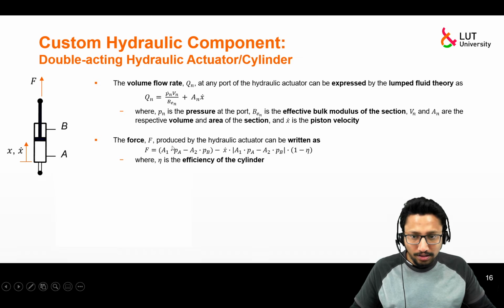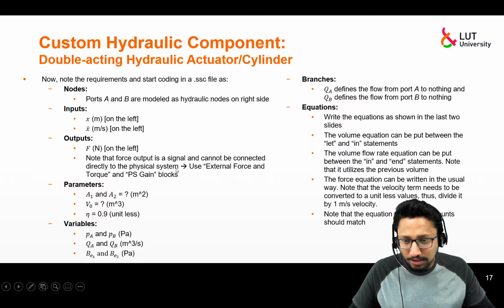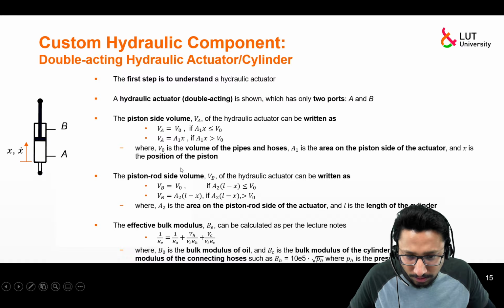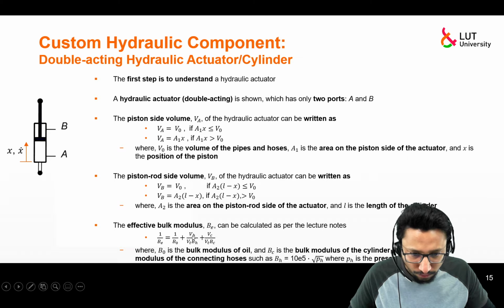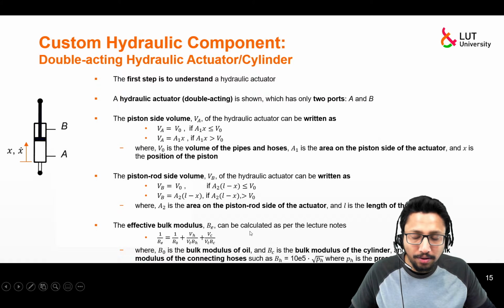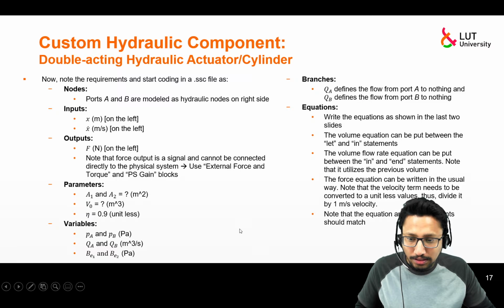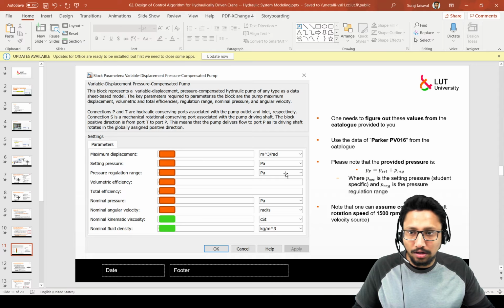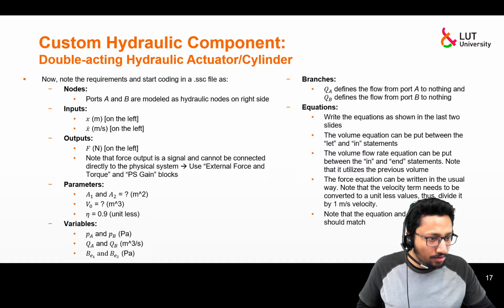But before that, there is something which I just realized we need to put here as a correction. This VH is volume of the hose, volume of the cylinder, bulk modulus of hose, B naught and BC. So just a minute, and I need to do some corrections here.